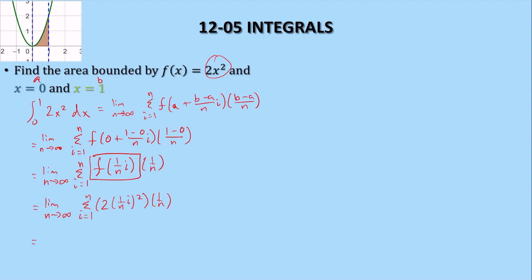Okay, we could multiply things out. So 1 squared is just 1. So this becomes 2 over n squared, i squared. The i and the n become squared.